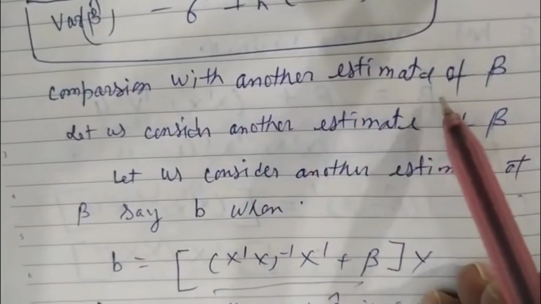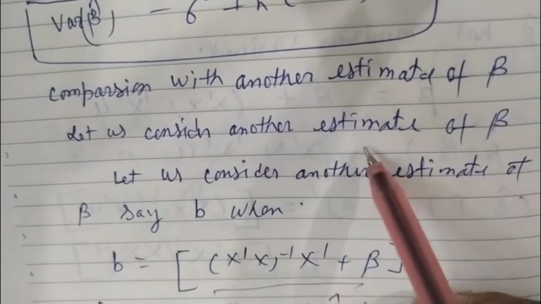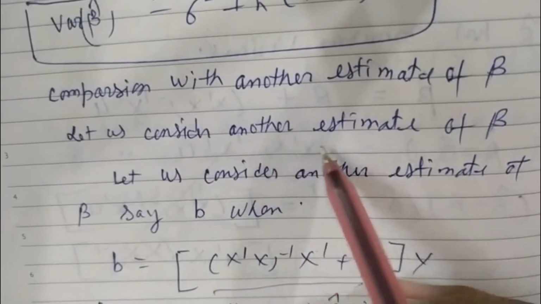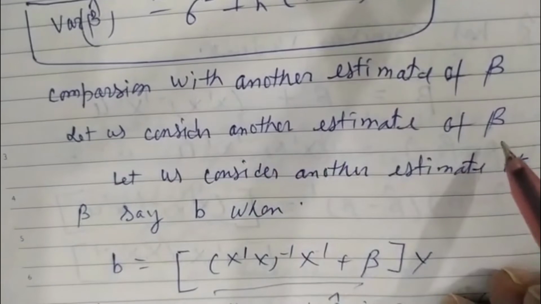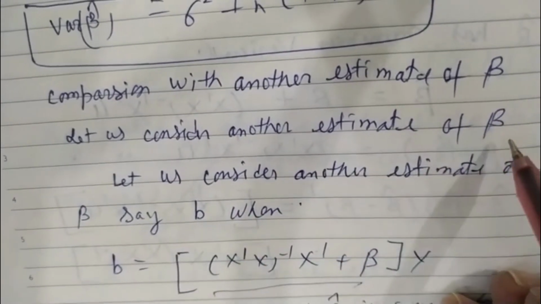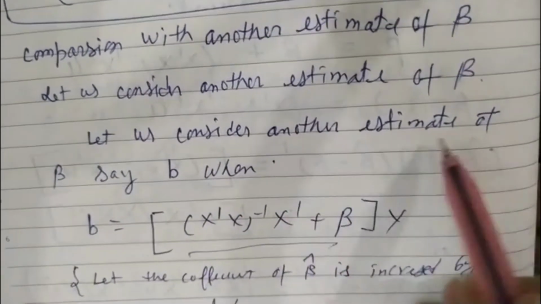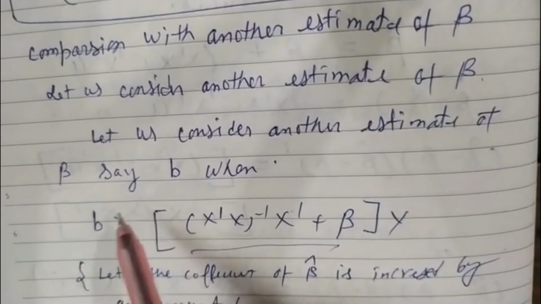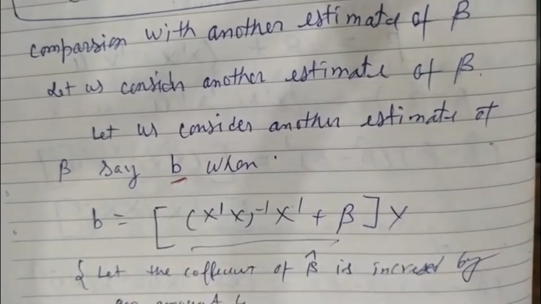For comparison with the estimated beta, let us consider another estimate of beta, say b.